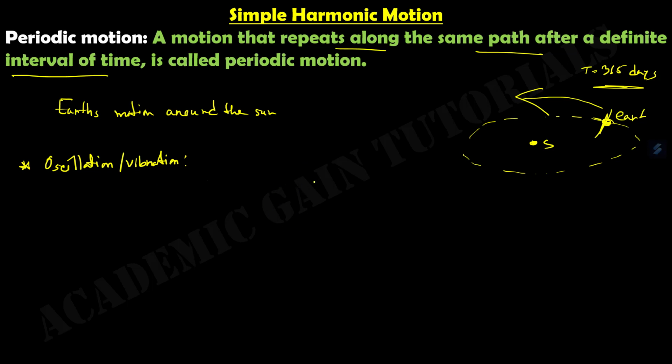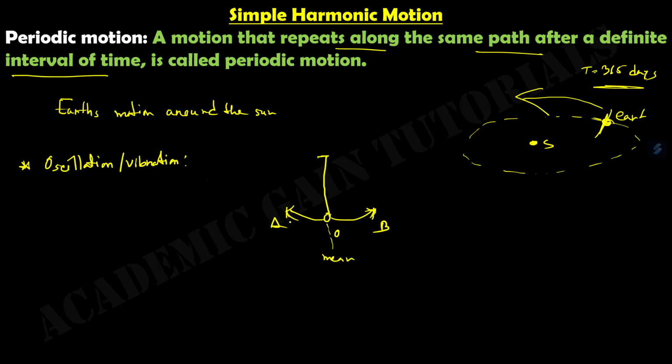Let us take an example of a pendulum. This is our pendulum, and this is its mean position, and this is the maximum displacement of this pendulum oscillating in that AOB path.